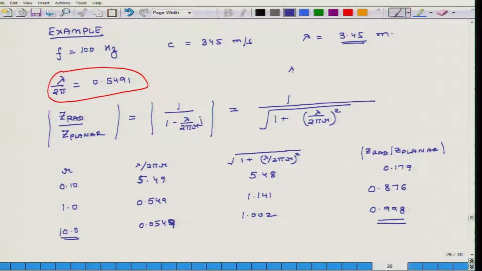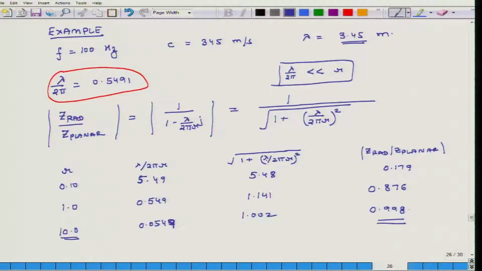So, the point is that this condition that lambda over 2 pi should be very small compared to r does not necessarily mean that r has to be extremely large in an absolute sense. What matters is that this term lambda over 2 pi r, and actually its square, should be very small compared to 1. So, even if it is a moderately small number, when I square it, it becomes even smaller and I get this kind of a result.